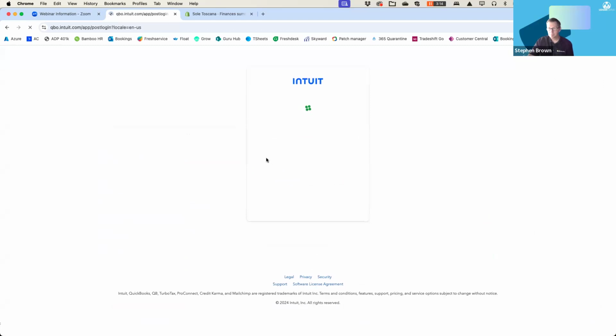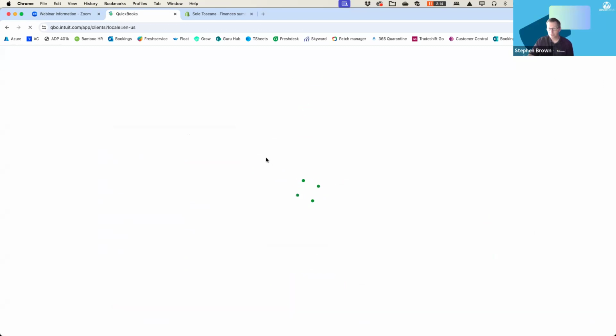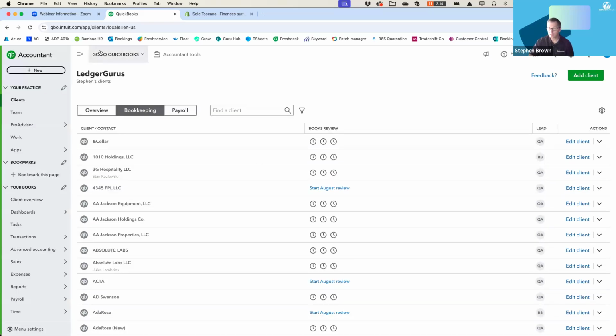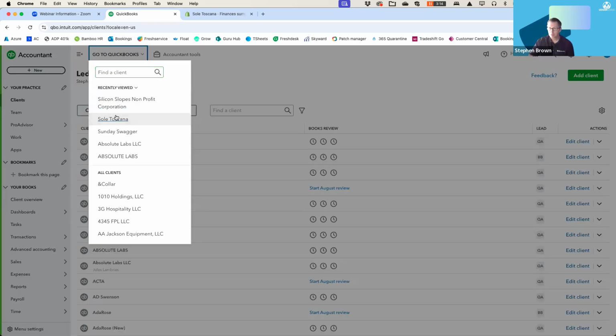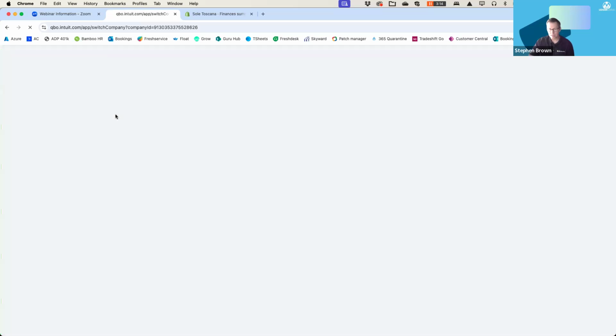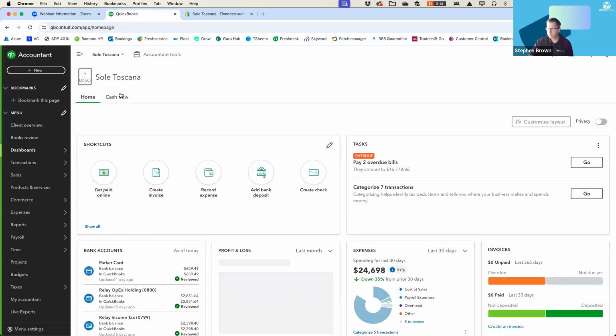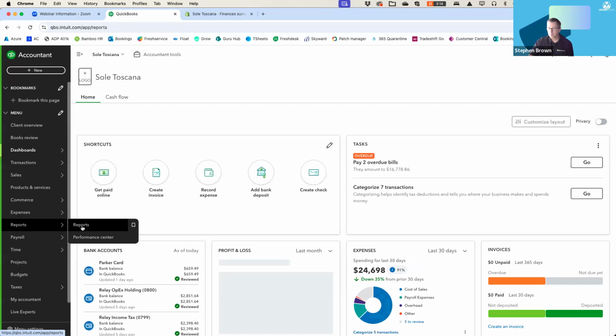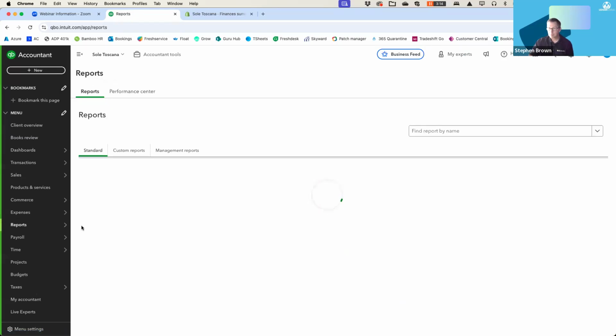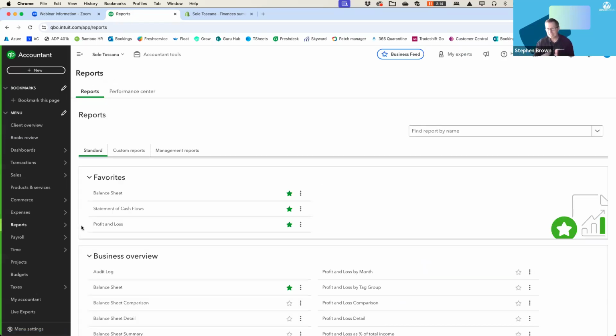My partner and wife here at LedgerGurus and I partnered up with our marketing guy at the time, who wanted to go do something, and we bought this business called Sole Toscana. If you like organic Italian skincare, it's really great. Mostly women buy it, but it's great for men too. So we bought this, and I'm going to use real world data, not some sample data. This is because I own this, I can show my own data, which is one of the reasons we bought it.